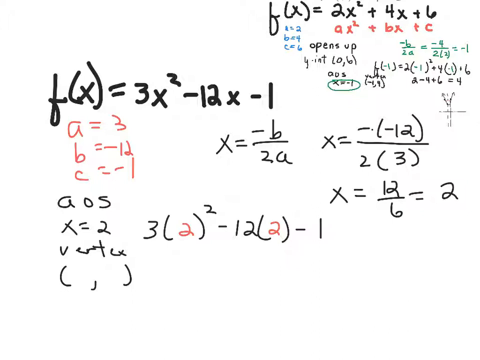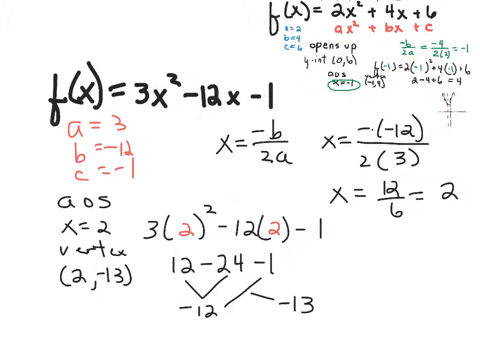So when we do that, 2 squared, remember we always do exponents first, 2 squared is 4, 4 times 3 is 12, and then we have negative 12 times 2, which is negative 24, minus 1. So 12 minus 24 is negative 12, and negative 12 minus 1 is negative 13. So our vertex ends up being 2, negative 13.